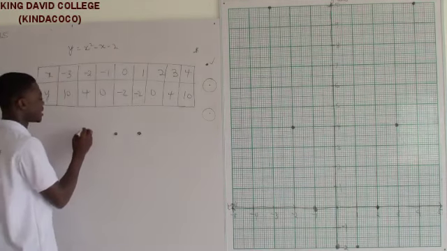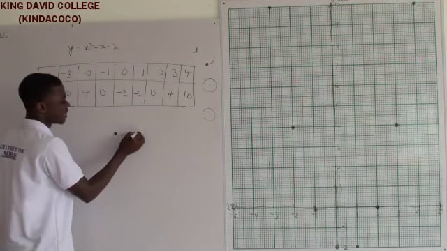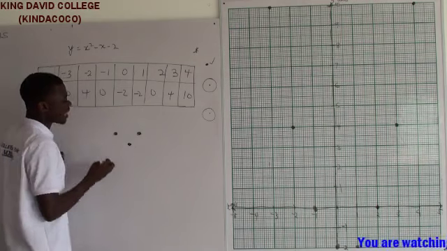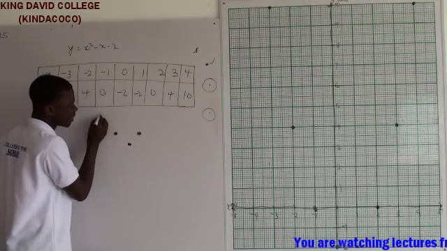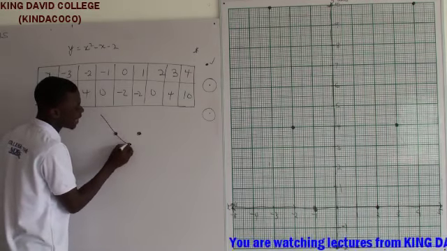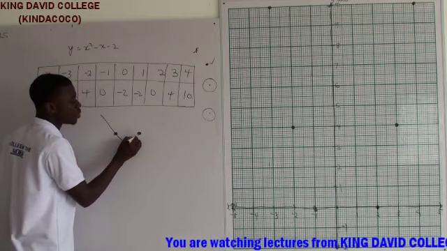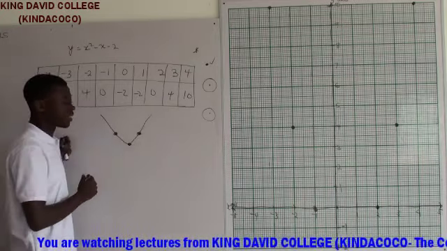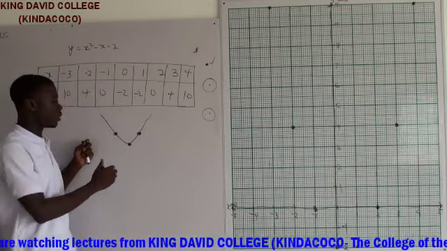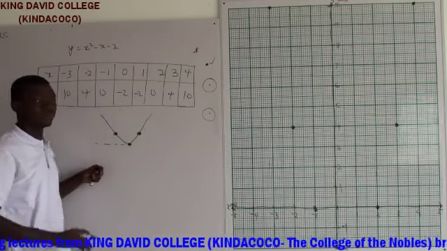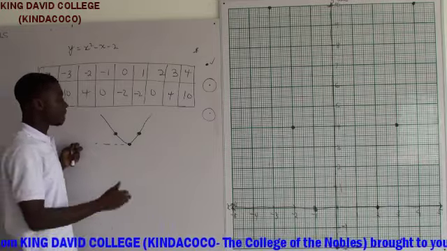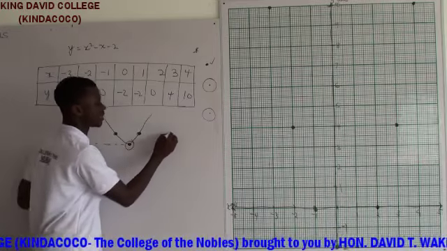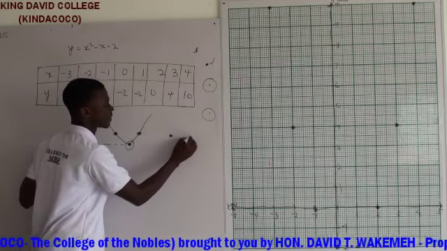You are plotting, you meet a point like this, and then there was another point like that. It means that this one specifically, you come and you turn on the point below and go up. Right? So it means that this is the minimum value, the lowest point of your curve. Right? Good.